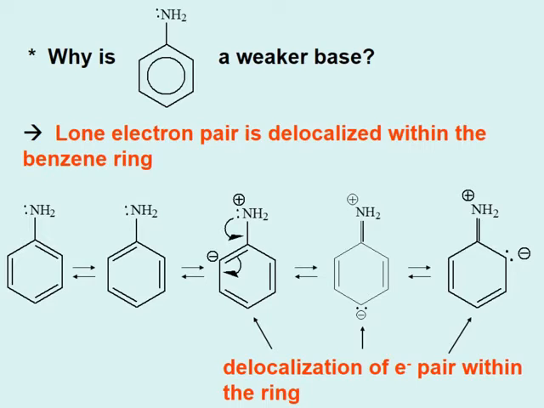Next, we are going to discuss why aniline is a weaker base compared to other amines, like say, let me write down one amine, CH3CH2NH2.